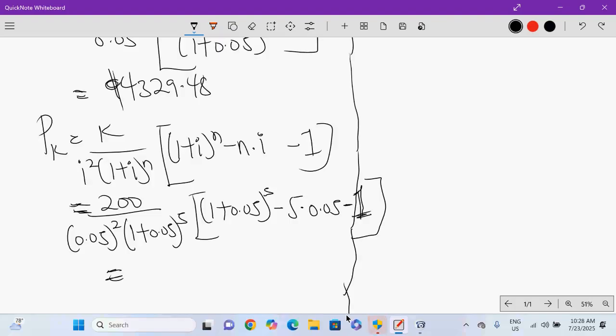According to my calculator, I'm getting 1,647.38. All right.